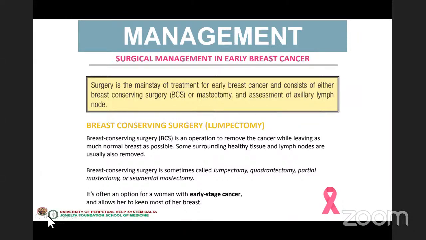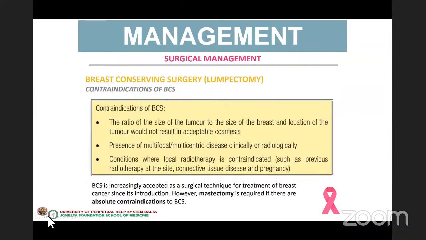So some surrounding healthy tissue and lymph nodes are usually also removed. Breast conserving surgery is sometimes called lumpectomy, quadrantectomy, partial mastectomy, or segmental mastectomy. It's often an option for women with early stage cancer and allows her to keep most of her breast.